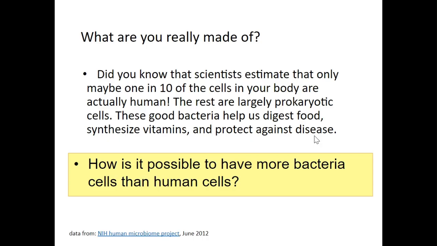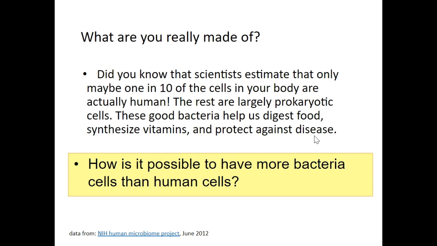So since a good majority of our bacterial cells actually live in our gut, in our large and small intestine, we have a very widely fluctuating number of bacteria cells to human cells. So fun fact, you are more human than bacteria right after you go to the bathroom, if it's number 2.